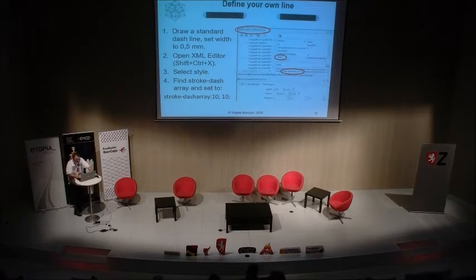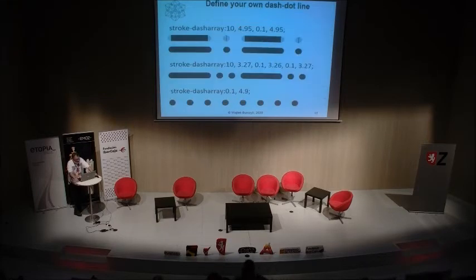So let's go further with our nice dots. To obtain it, we define stroke dash array, but in the middle of the gap, we put almost nothing dash. This is 0.1.